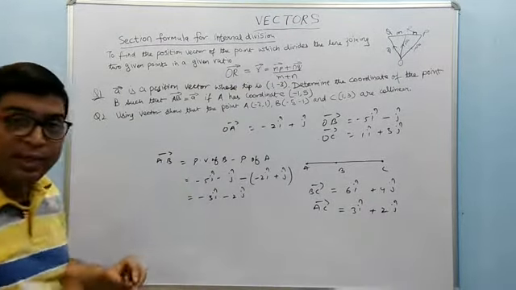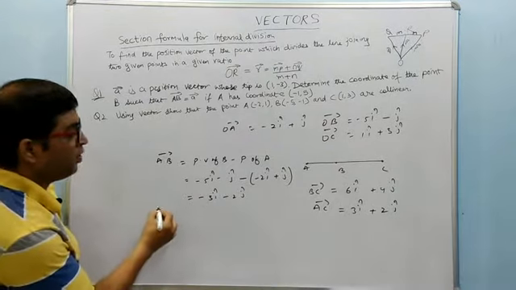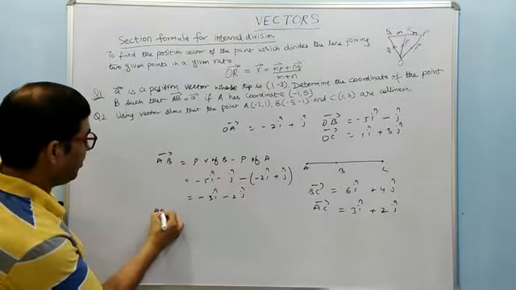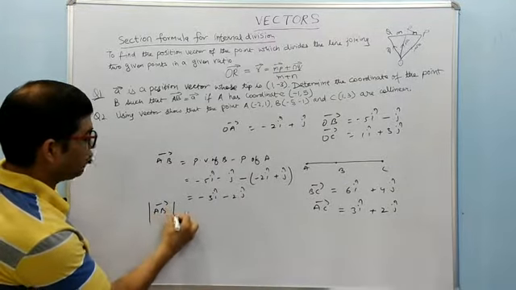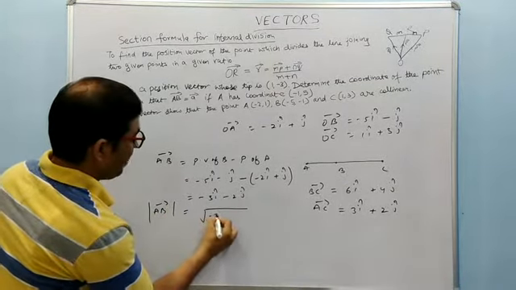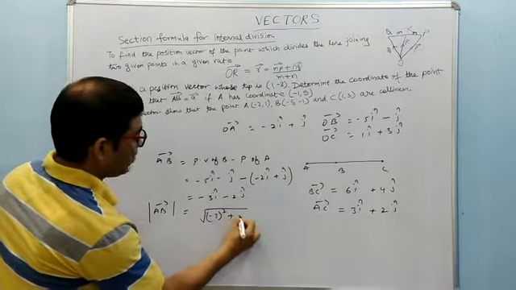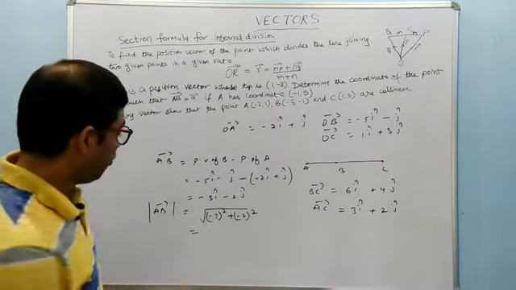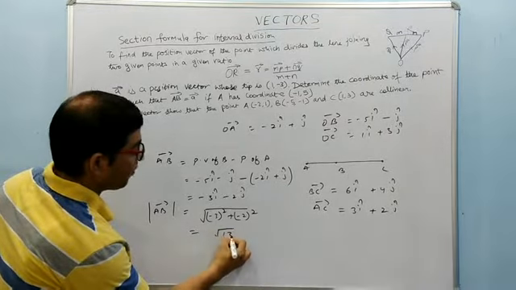Now you find the lengths of the vectors. What is it coming out to be? See, vector AB modulus is actually under root minus 3 square plus minus 2 square, that is 9 plus 4, that is root under 13.